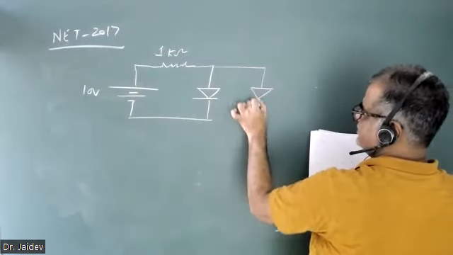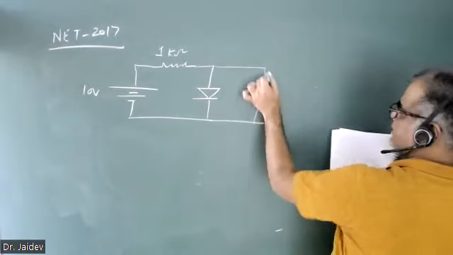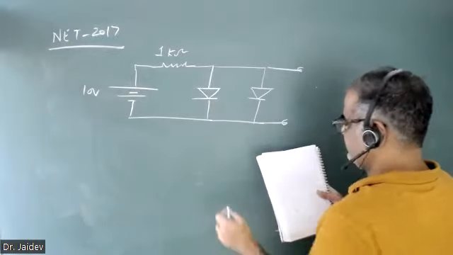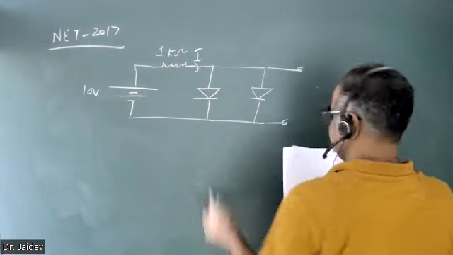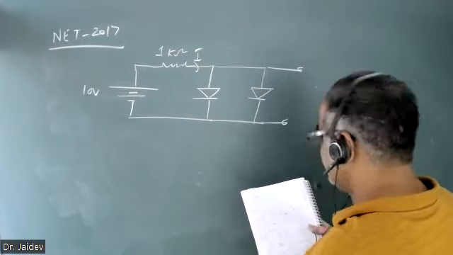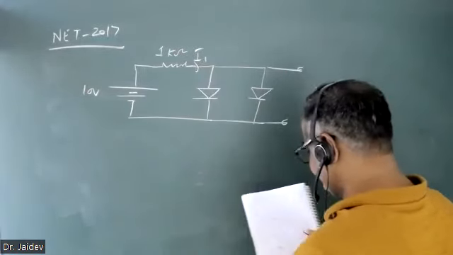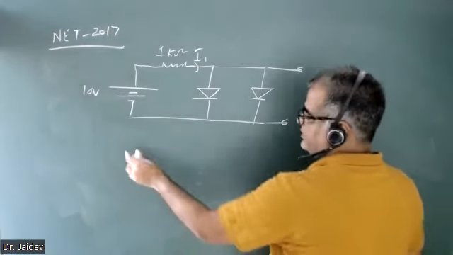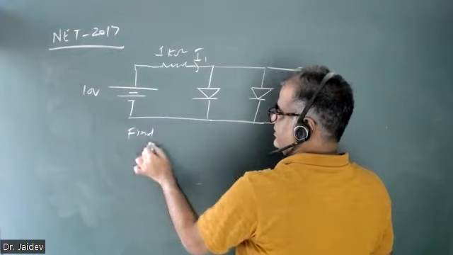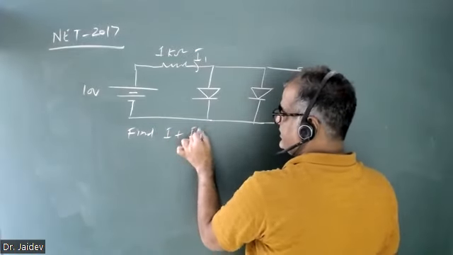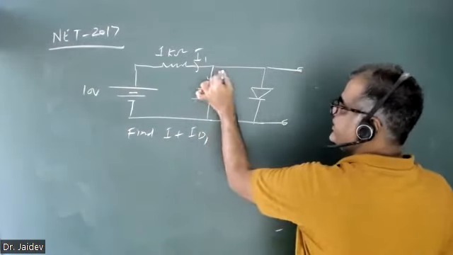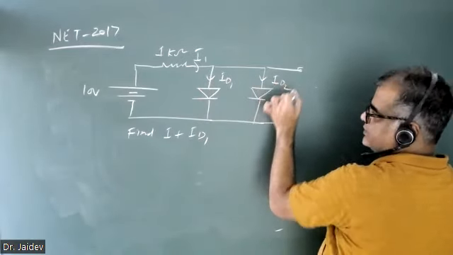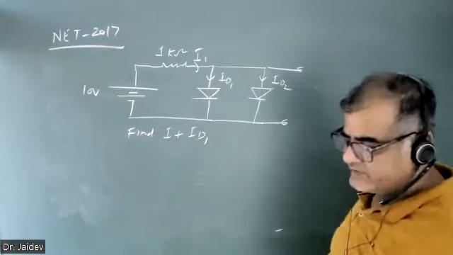The question asked, suppose this current is I1. Current flowing here is ID1 and current flowing here is ID2. We are asked to find I1 plus ID1.